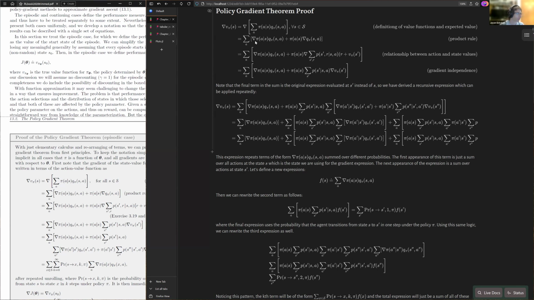We use the product rule to split this into two different terms. Now this first term is unchanged. In this next step, one of these terms is the gradient of Q. And then we're going to replace Q with that expression where we derive the action values from the state values.